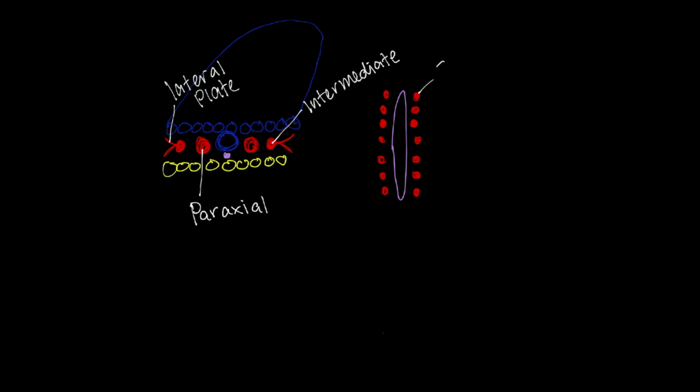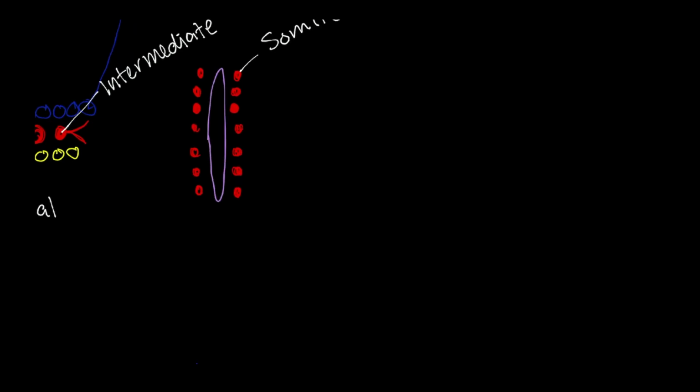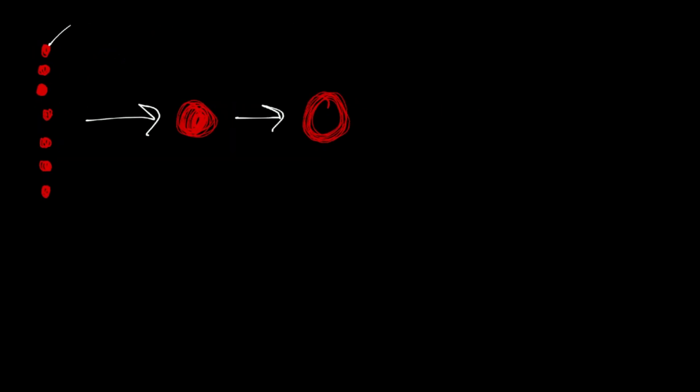So these are somites. And this is the paraxial mesoderm that is dividing into somites. The somites are a solid ball of paraxial mesoderm, and then it will form a hollow donut shape.